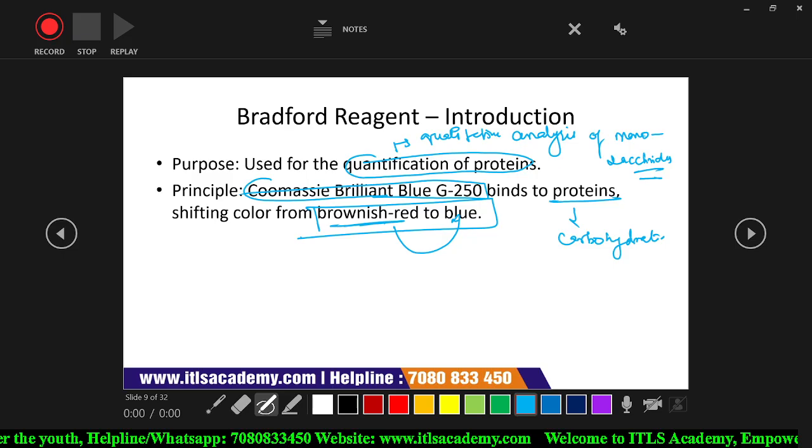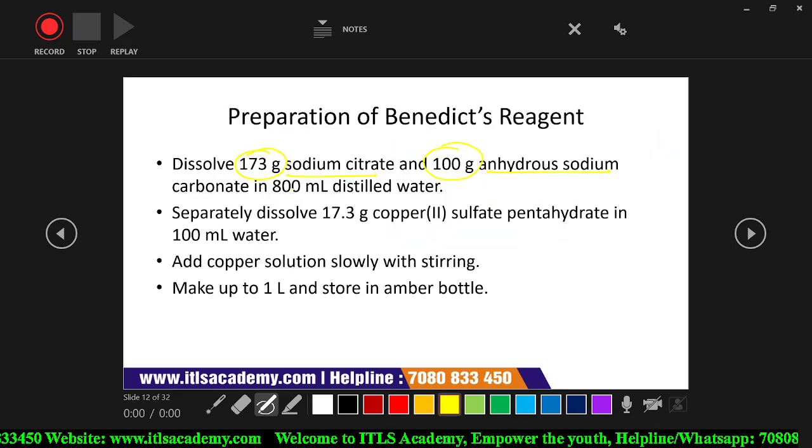Now, for the preparation of the Benedict's reagent, we require sodium citrate and anhydrous sodium carbonate. So we take 173 gram of the sodium citrate and 100 gram of the anhydrous sodium carbonate, which is dissolved in the distilled water.